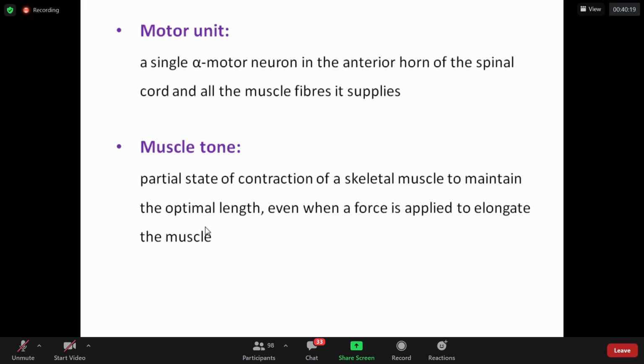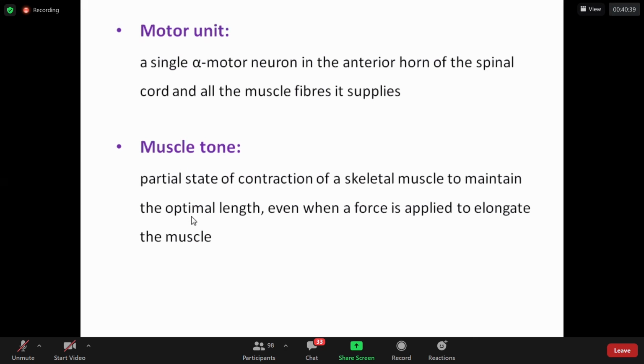So it's not that I'm elongating the muscle and it will continuously elongate. After optimum length, it will not try to elongate anymore. It will try to maintain its optimal length, right? So that is called muscle tone.